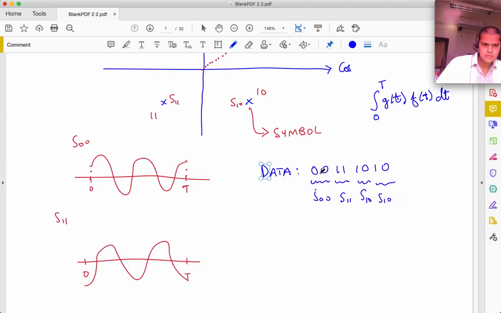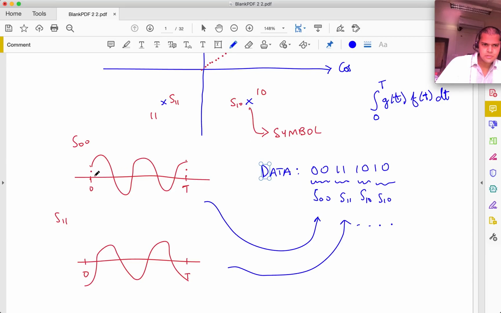So for every set of data bits coming in, every 2 bits, I choose one of these 4 symbols to send out, and I send it out. So in the time domain, you would see these things getting concatenated to each other, right? So I would have this signal, then I would have this signal, and then so on.